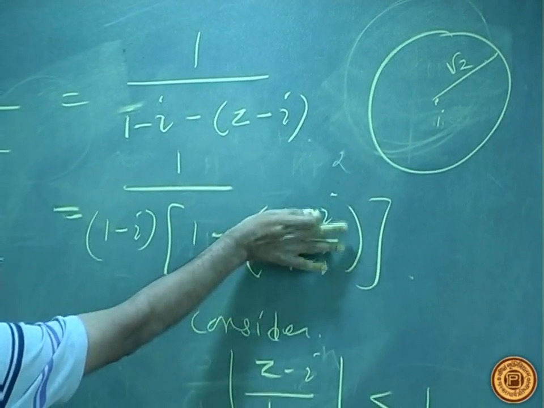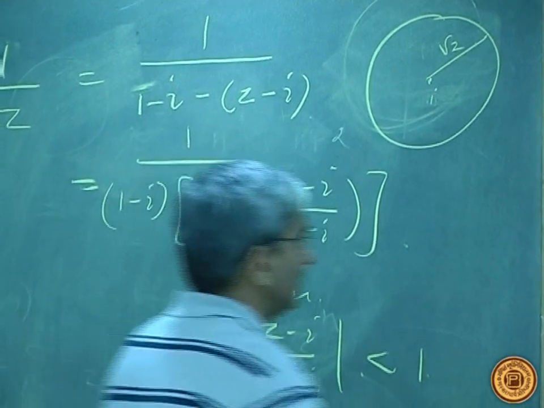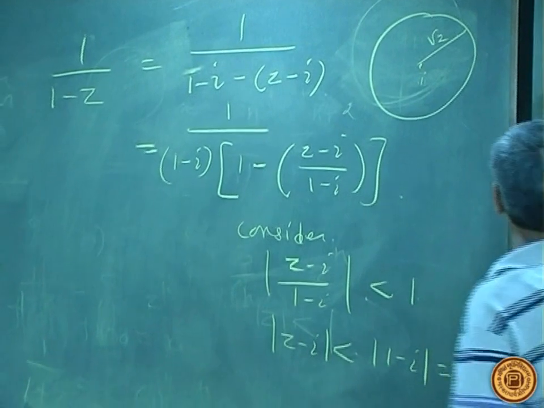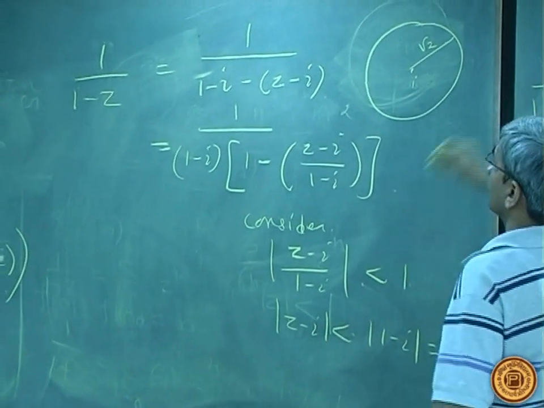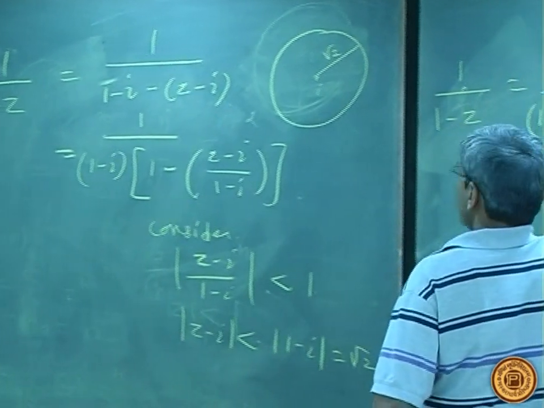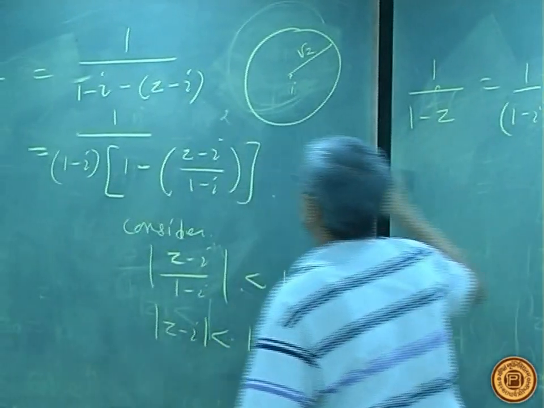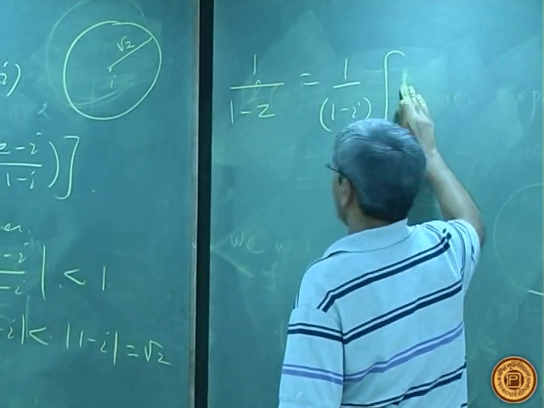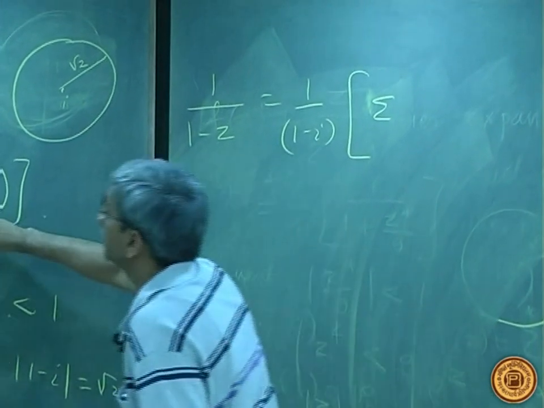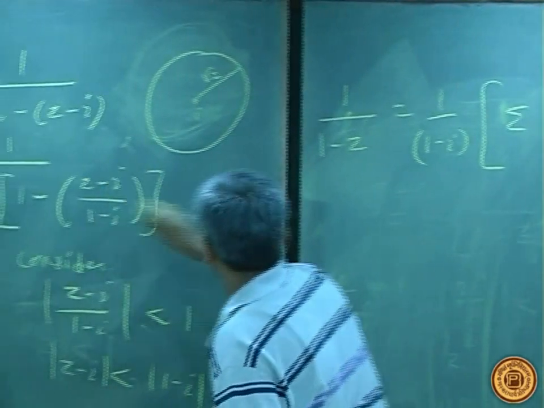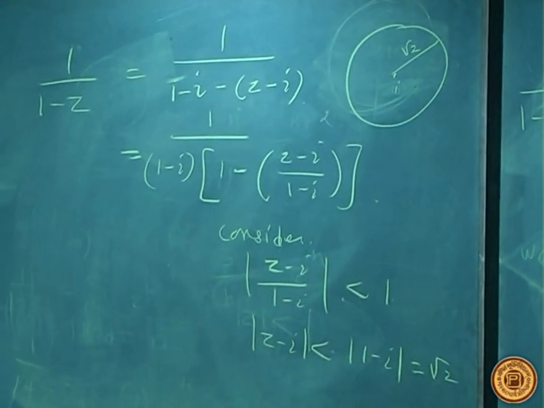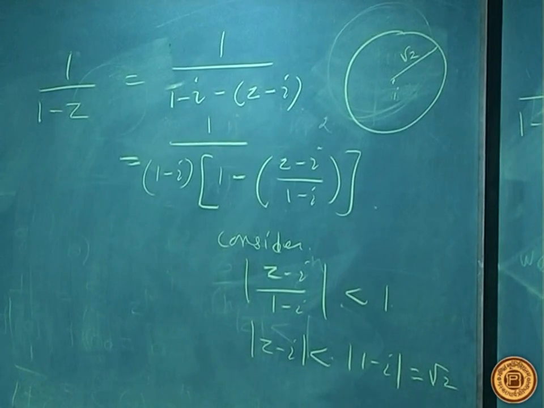Now once this is done, you just plug in. This is just a factor like z, and we have taken care of the validity. So now just substitute. 1 over 1 minus z can be written as 1 over 1 minus i outside, and inside the bracket you have 1 plus z minus i upon 1 minus i and so on, that is summation z raised to n, where your z is now this. So z minus i upon 1 minus i to the power n, from 0 to infinity.